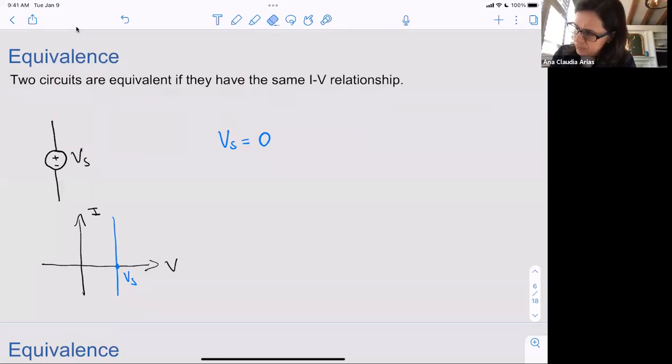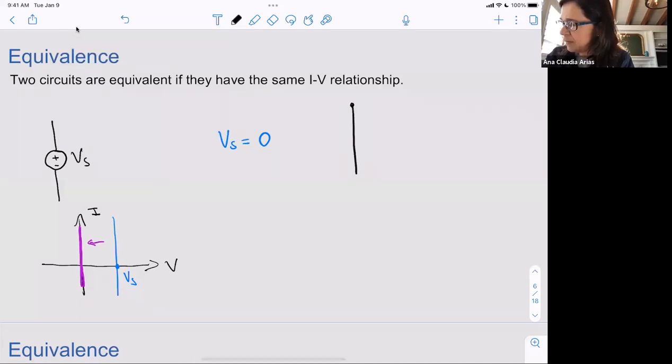If Vs equals 0, that means my plot would look like this, right? Everybody following? Well, which element has that plot? Same as a wire. That's exactly right. So if I were to do the same analysis for the wire, here I have a wire.